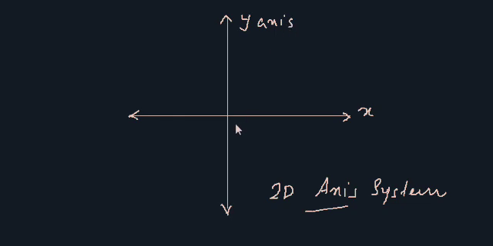Again, as in the previous slide, it originates from 0, extends to positive infinity and negative infinity and positive infinity and negative infinity. So you have positive values here, negative values here, positive here and negative here.